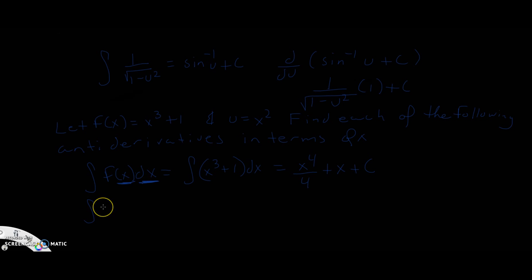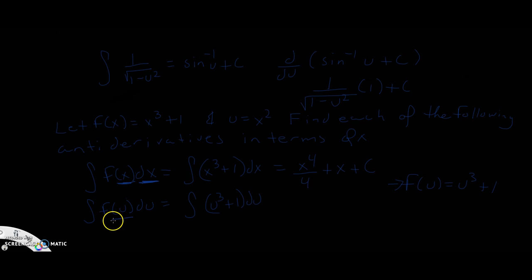So the second example is f of u du. You take u and plug it into this function, and you now get u cubed plus 1. I did my work over here. So now I have u cubed plus 1 du.